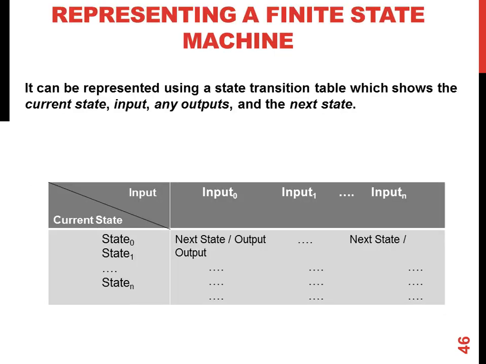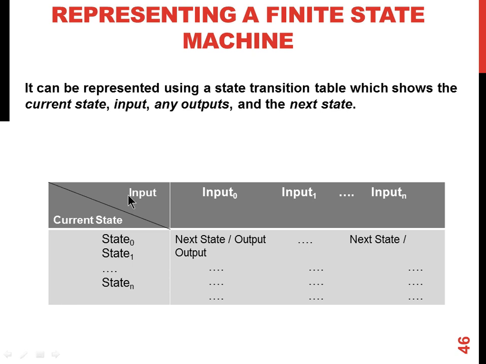A finite state machine is normally represented by a state transition table, or a state transition diagram. One that you see here is a state transition table. So there is something called a current state, there is something called a next state, there are some inputs, there are some outputs. Depending on the inputs and the current state, there is a reset state.